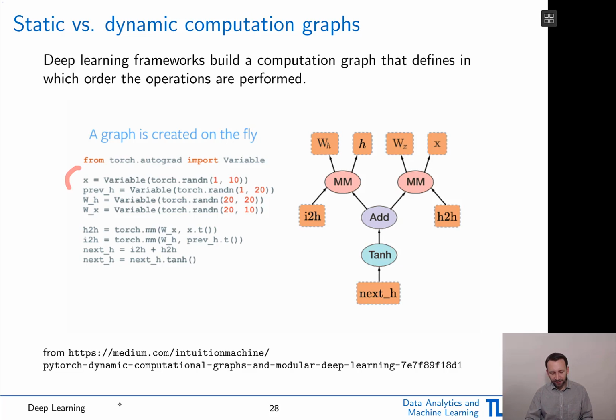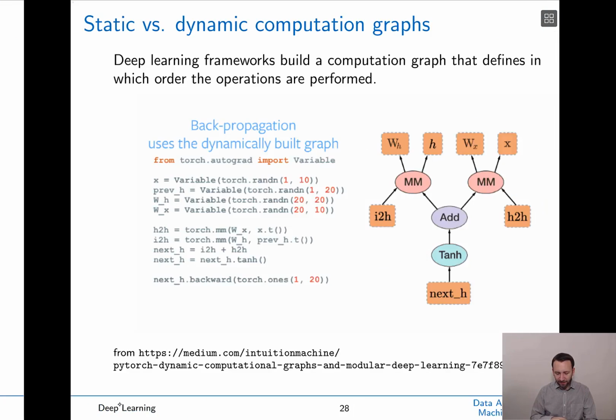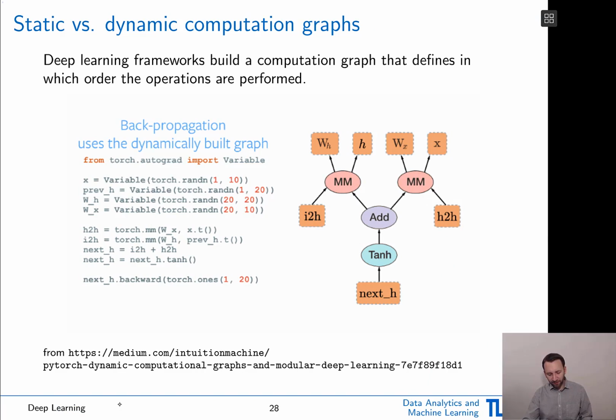And you see that this is indeed what this programming language supports. We are constructing this graph on the fly. And given this, then indeed, we can, for example, also just say we want to do a backward step on this. Okay, so we can here apply the backward function, and then we can do the training.